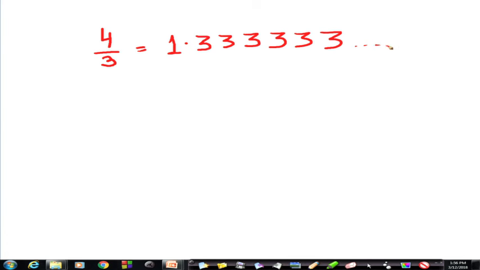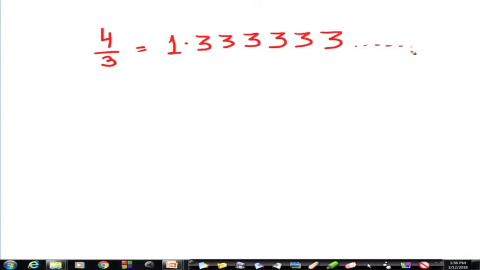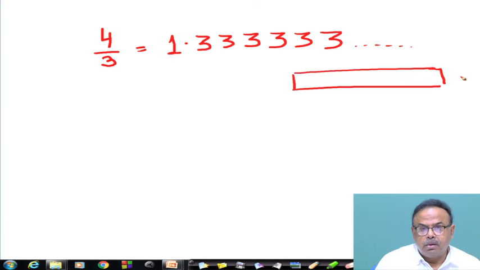Say I am computing 4 by 3. What is the result? The correct, most accurate, absolutely correct result is 1.3333, it goes on. Now, our computers have storage locations of 8 bits or 16 bits, so depending on that, I have a finite capacity to store the data.